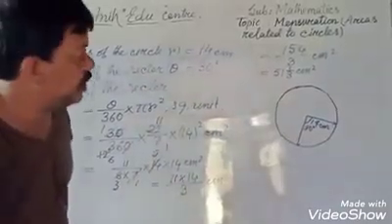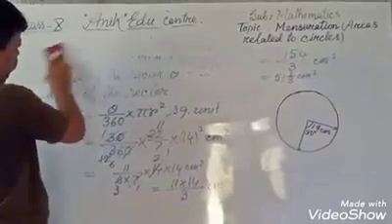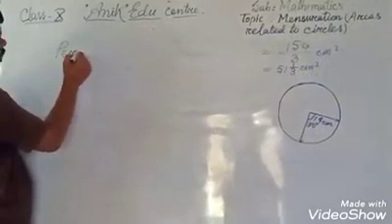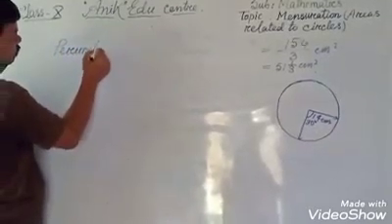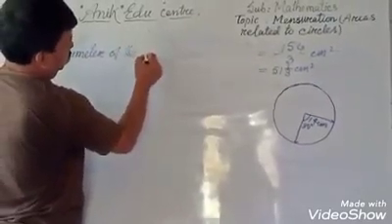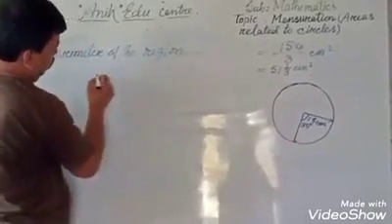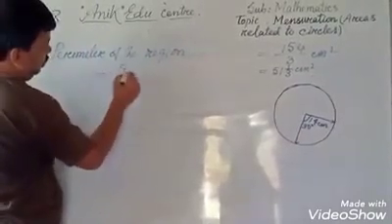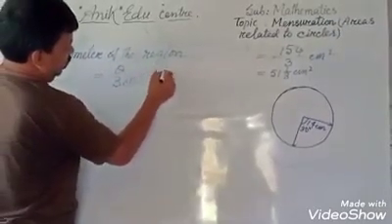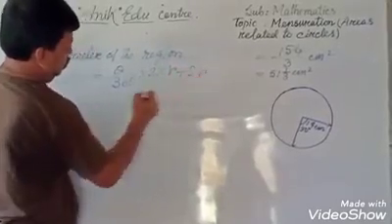Now we want to find its perimeter. That is perimeter of the sector obtained. Perimeter of the region, that is sector, is equal to theta by 360 into 2 pi r plus 2r unit.